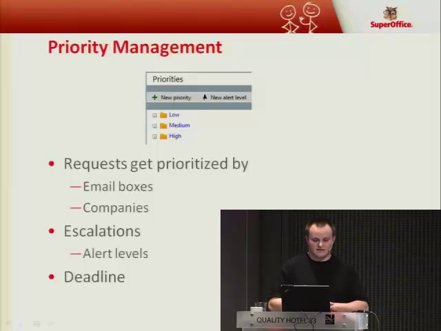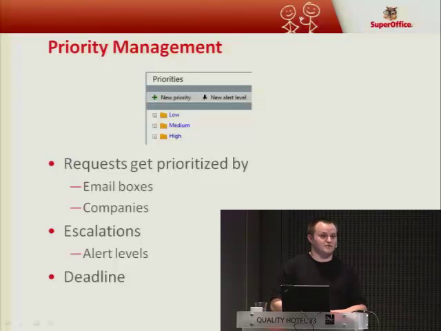What the priority, how the logic works when priority is chosen. It is by default by the email box. We saw previously that we had a drop down for a priority in the email boxes, but you have also the possibility to say on a company that it has a default priority.